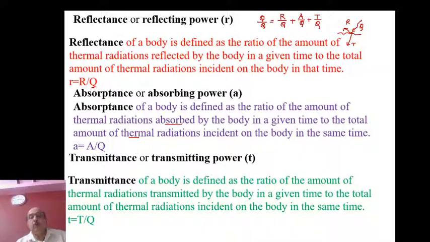So from the above equation, we have Q by Q, that is 1, is equal to R by Q plus A by Q plus T by Q. That is small r plus small a plus small t is equal to 1.